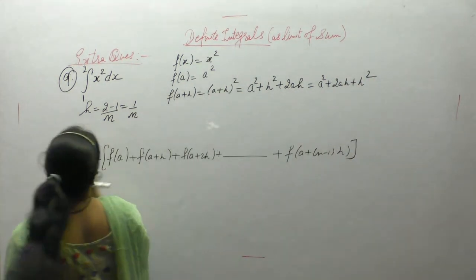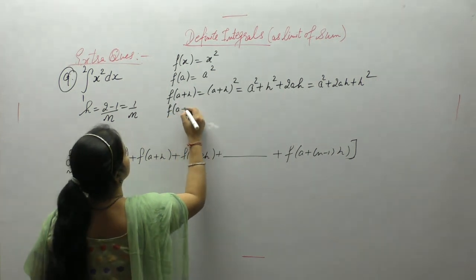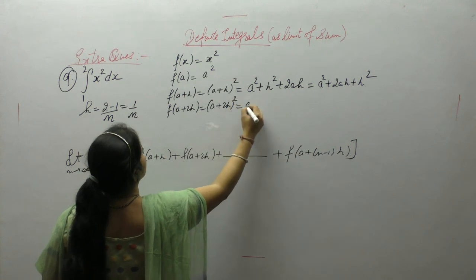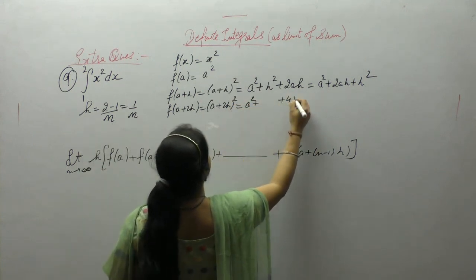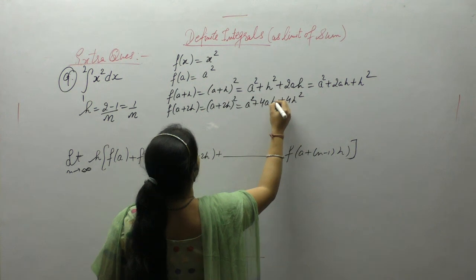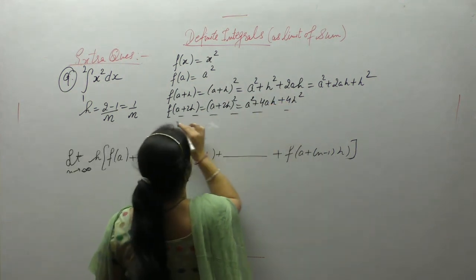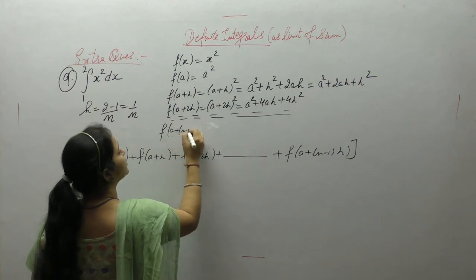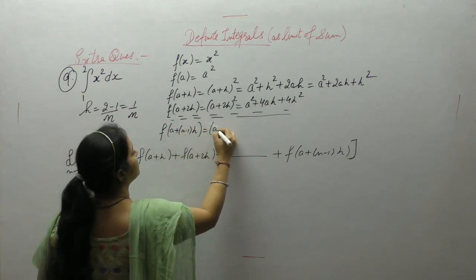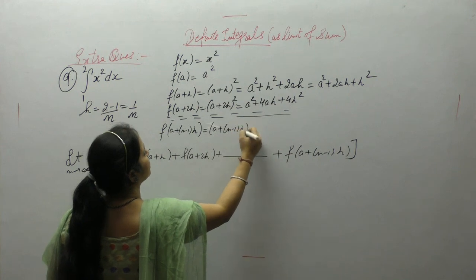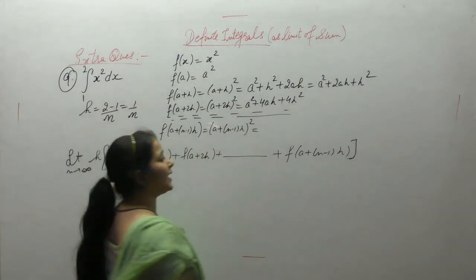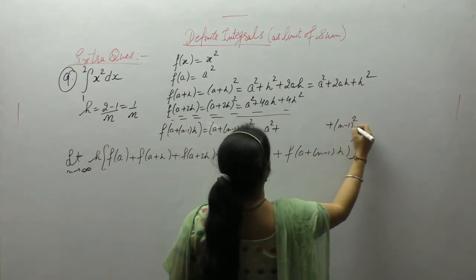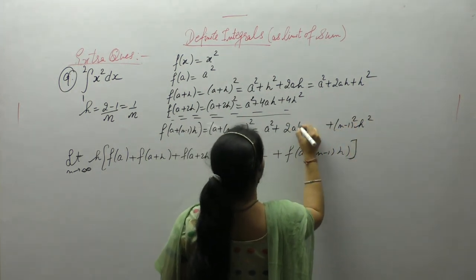Now f of a plus 2h, a plus b whole square, a square plus b square plus 2ab, and so on, f of a plus n minus 1 into h. Again the same formula, a square plus b square plus 2ab.